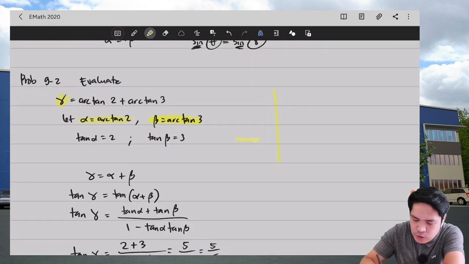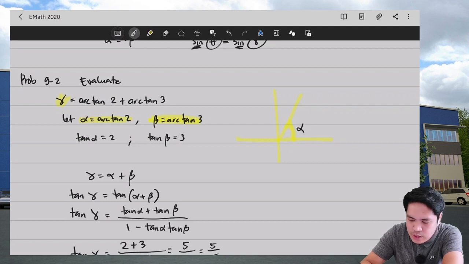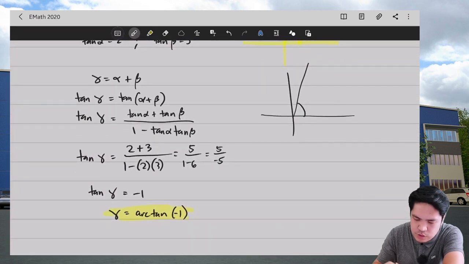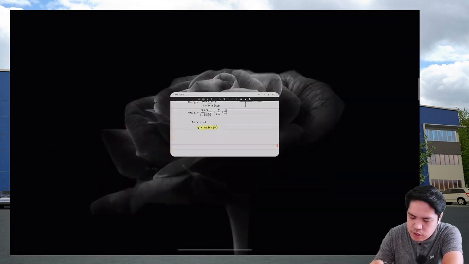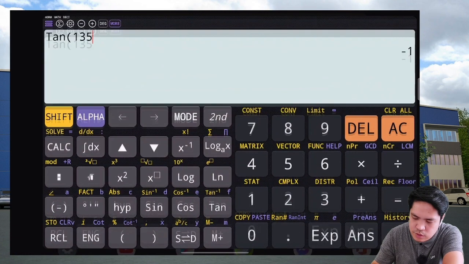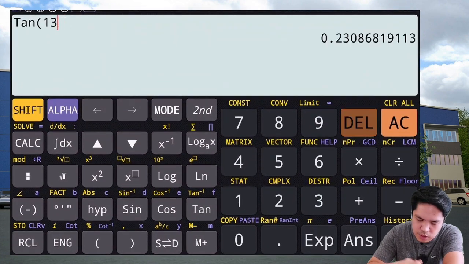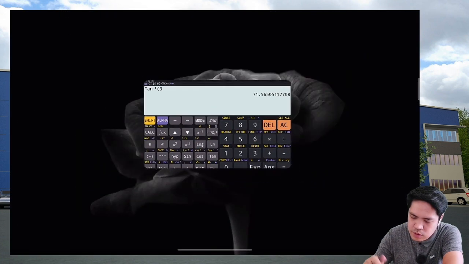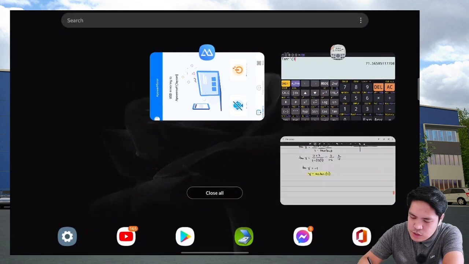If we draw them one by one, arctangent 2 is 60 plus degrees. This is alpha. Our beta is arctangent 3, that's 71 degrees.